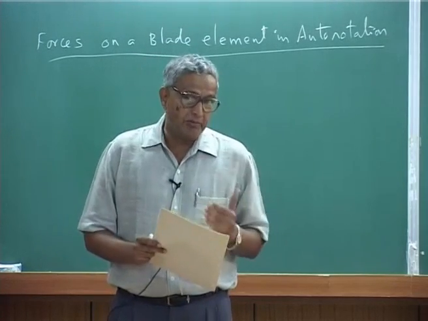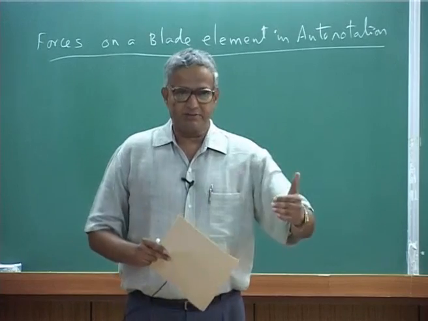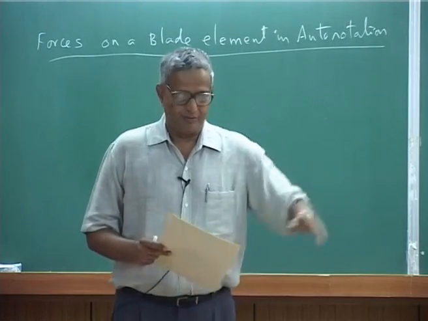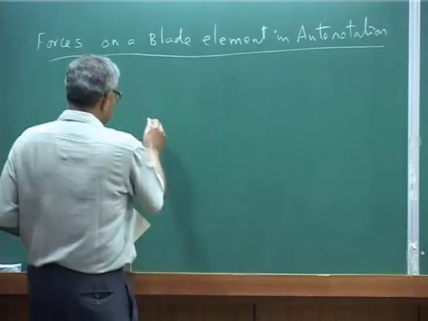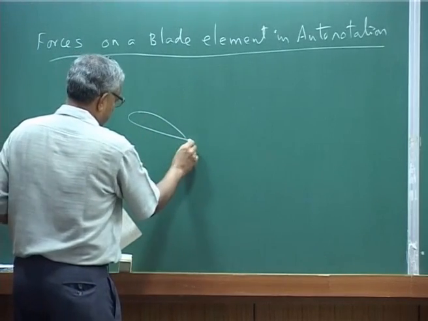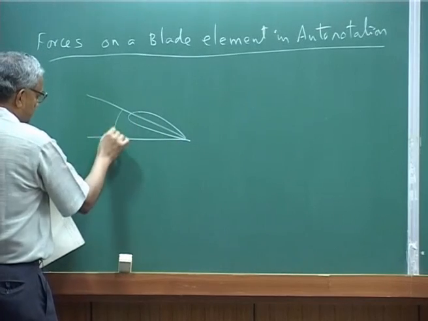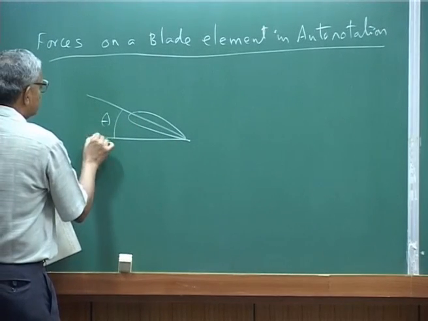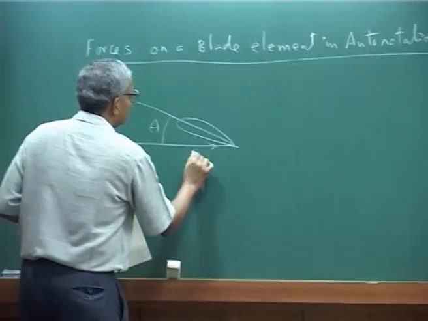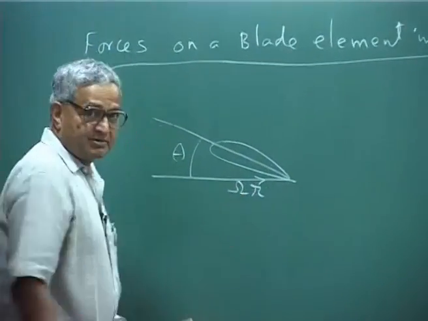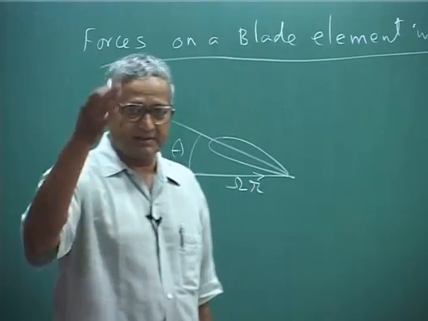Later you will see the complexity which actually happens in real life. You take an airfoil acting at a pitch angle theta, and this is omega r, which is due to the rotational velocity at that section.